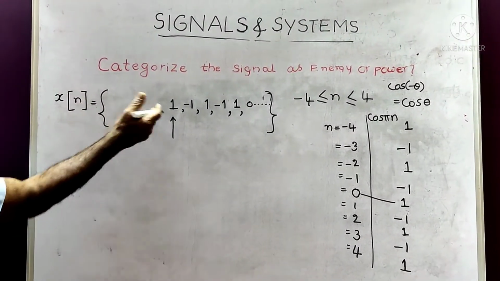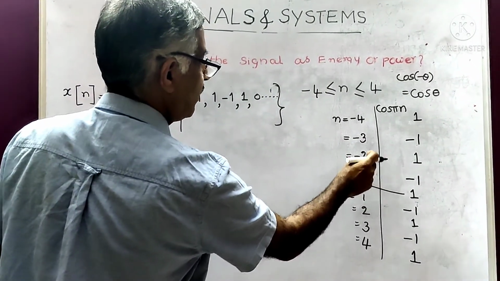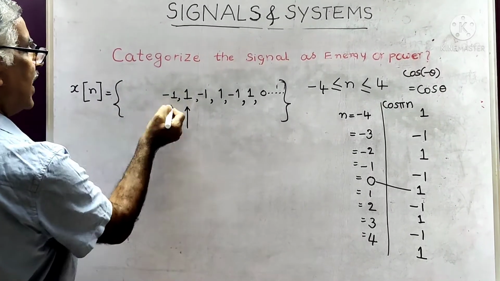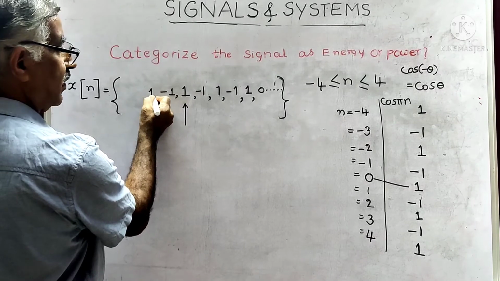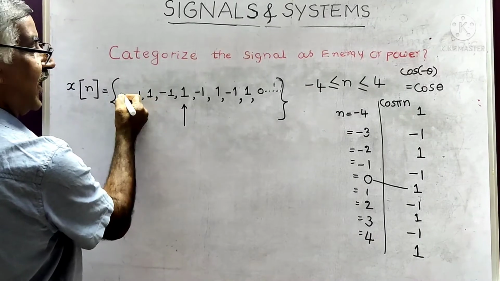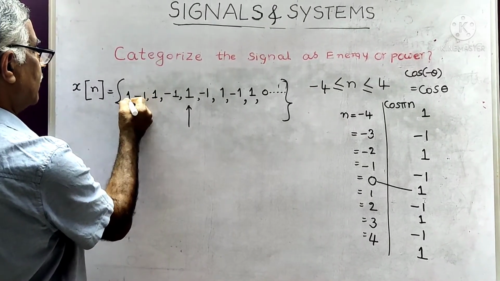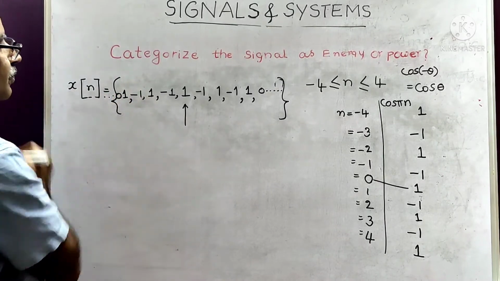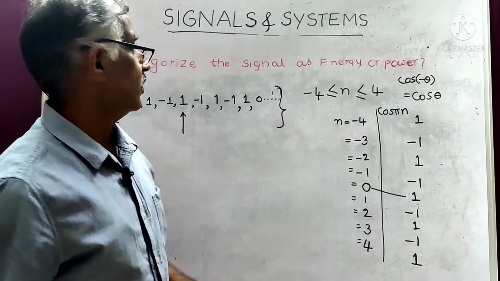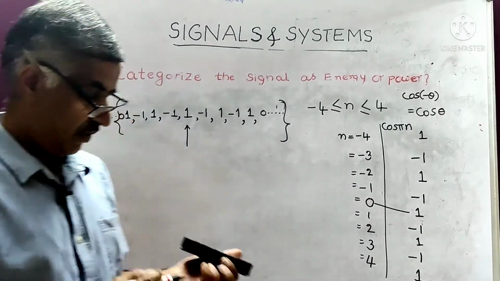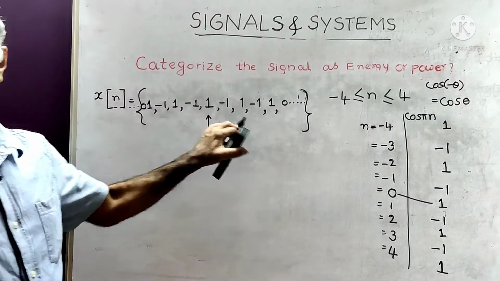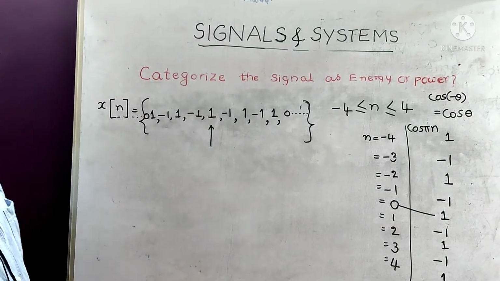Coming to this side: for -1 it is -1, for -2 it is 1, for -3 it is -1, for -4 it is 1, and 0 otherwise. This sketching is correct, as cosine is an even function and this part exactly overlaps with this part.